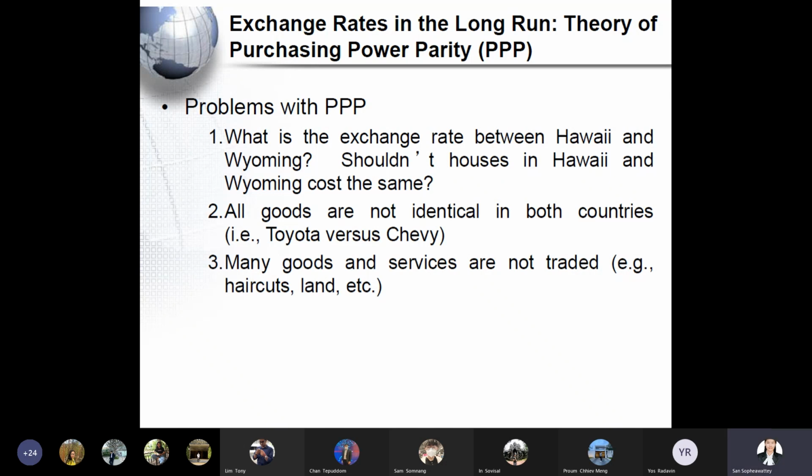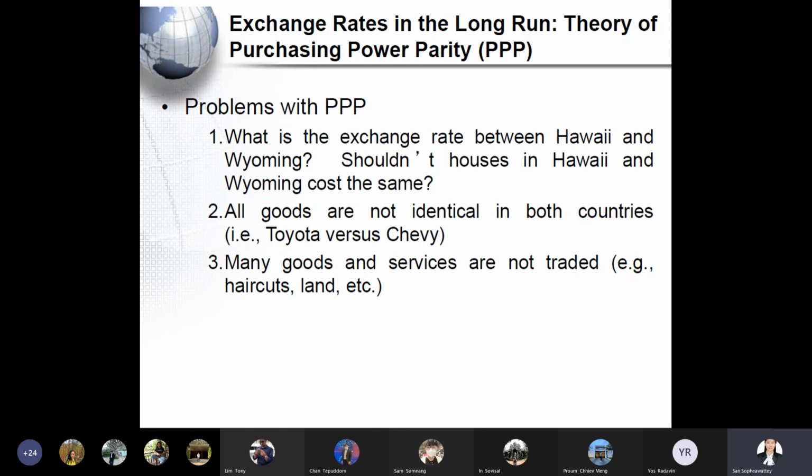In terms of cars, for example, they have Toyotas versus Chevrolets. Chevrolet is manufactured by the US, and Toyota is manufactured by Japan. So goods are not identical in both countries, even cars, because they have different brands.